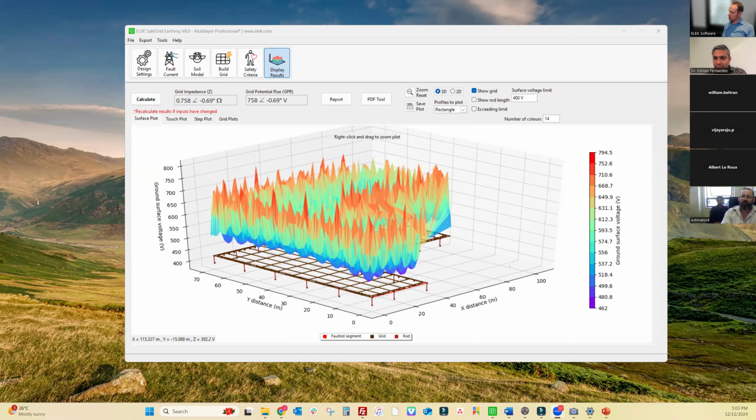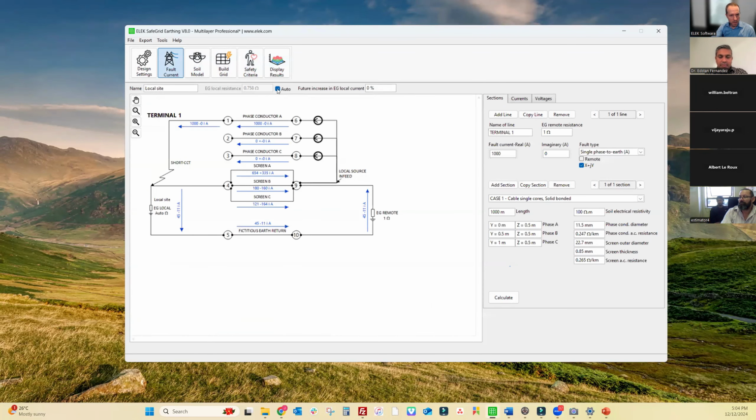What was the other question as part of that? The prospective fault current over 20 years. Should we consider the prospective fault current now or in the future? I think in our software, you can enter a future increase or allowance.